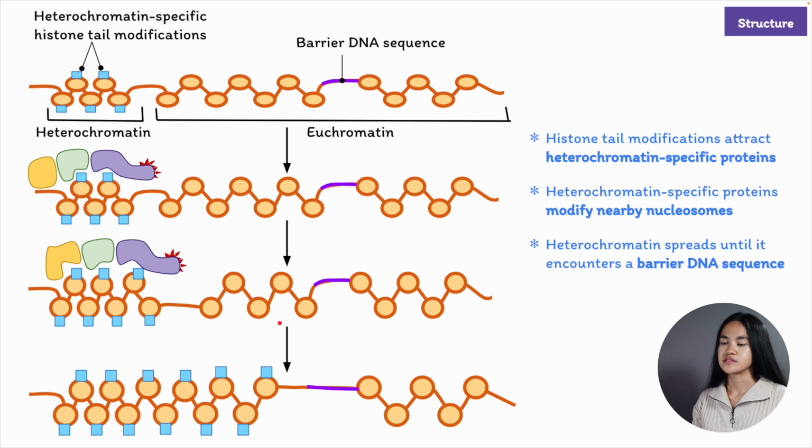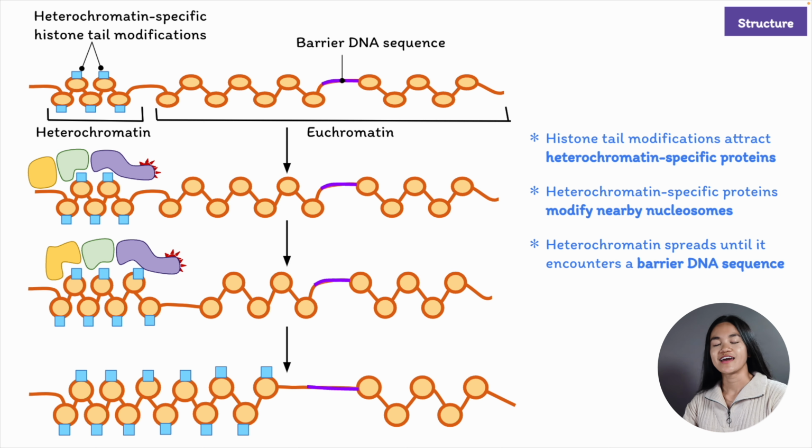So this is a barrier DNA sequence, this purple line here, and it's going to block further recruitment. So heterochromatin spreads until it encounters a barrier DNA sequence. Now, the majority of DNA that is folded into heterochromatin does not contain genes. And when genes are accidentally packed into heterochromatin, they usually fail to be expressed because they are silent genes.